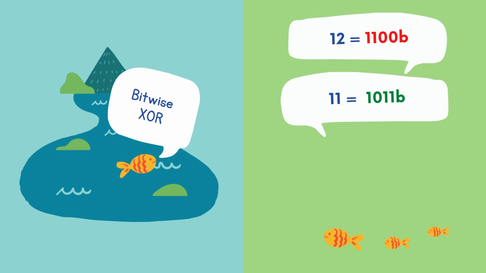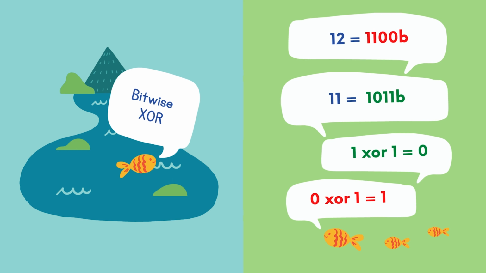Now comes the interesting part. If we XOR a number by 1, its last bit will be flipped. If the last bit is set, which is the case for odd numbers, XOR by 1 will turn the last bit to 0, decreasing the number by 1. However, if the last bit is not set, XOR by 1 will set it to 1. Thus, it increments the number.